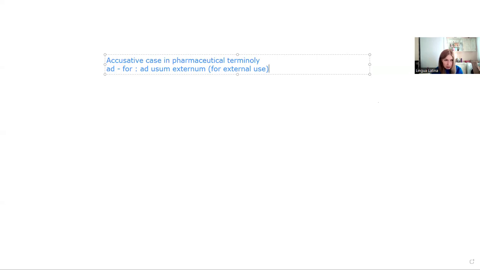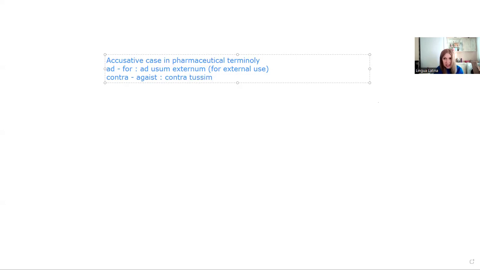Okay, one more accusative preposition is contra. Contra has the meaning against something. Contra is used if we want to prevent something. Two typical terms: contra tussim.